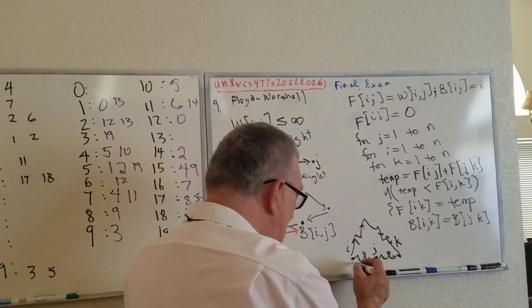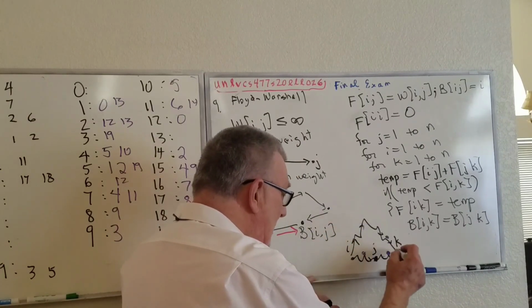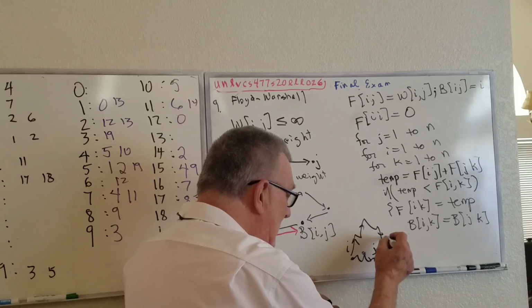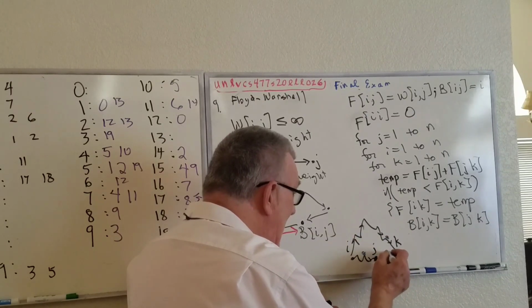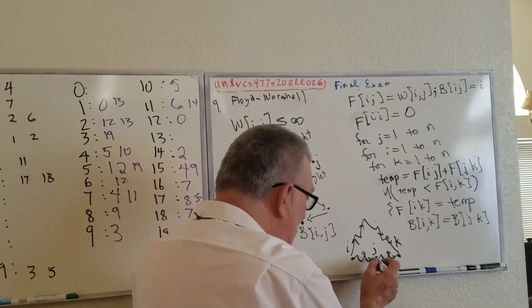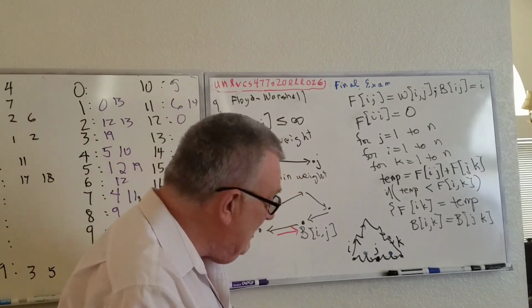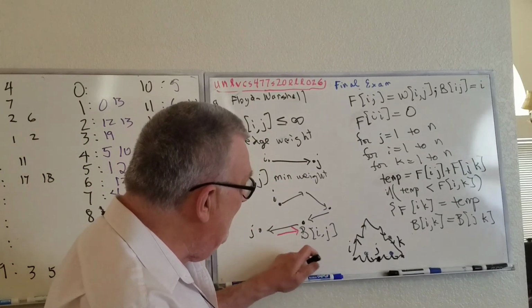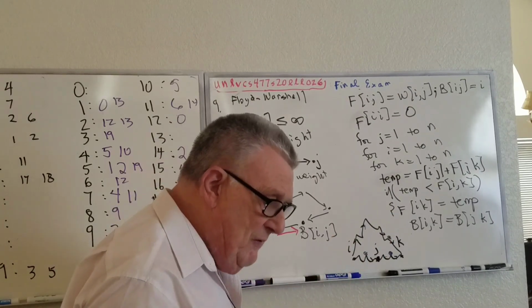However, remember, this new path, which goes through j, is shorter than this old path. And so we don't want to have this as the back pointer, but rather that one. So the new back pointer is the old back pointer of the path from j to k. Now that could possibly be j itself. And so this is the code for it. I don't have all the correct squigglies in there, but you can tell.